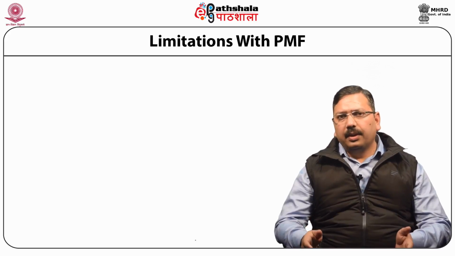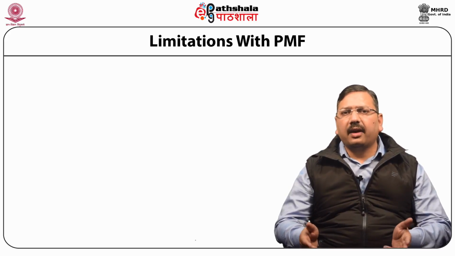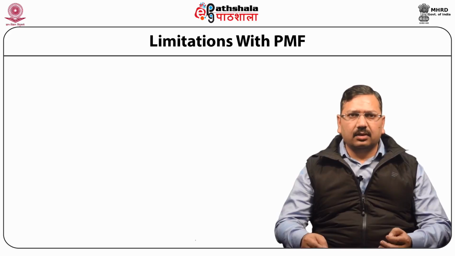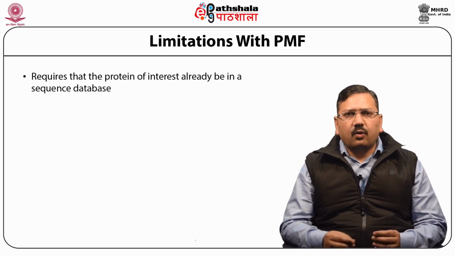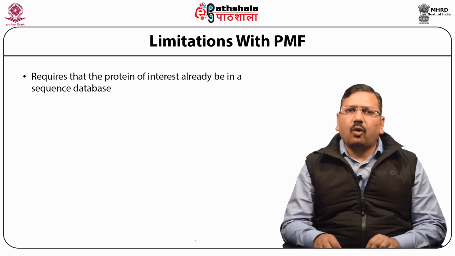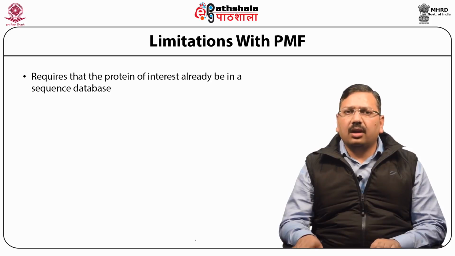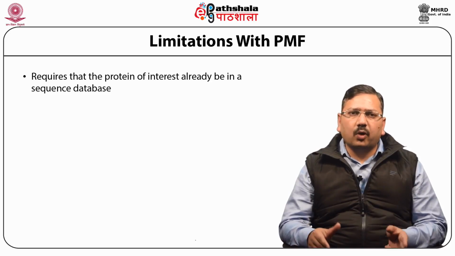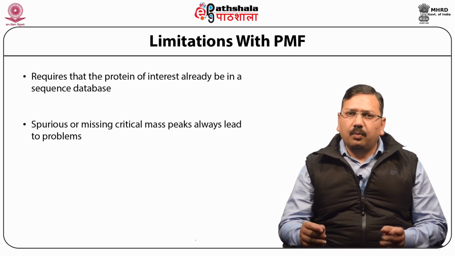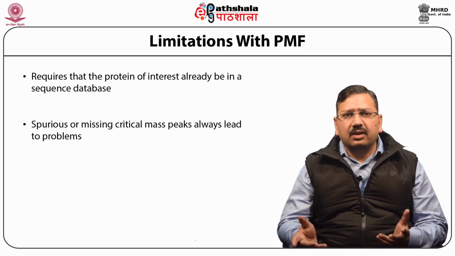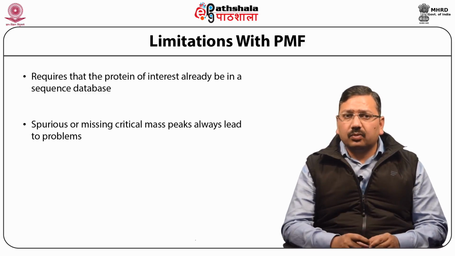Now, peptide mass fingerprinting also has some drawbacks. The major limitation is that it requires the protein of interest to already have been sequenced in a sequence database. If it is not there, then it will be problematic. Moreover, missing critical mass peaks always lead to a problem.